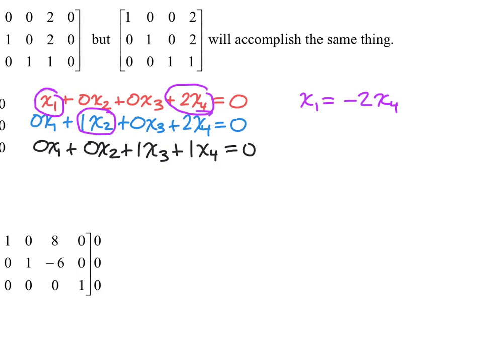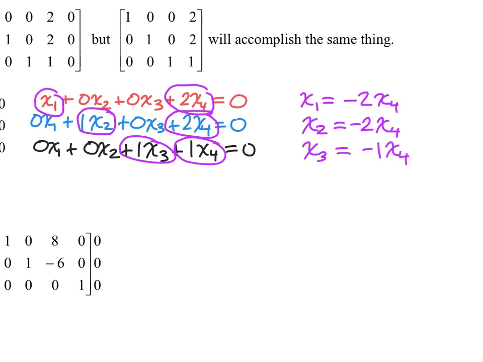I missed the positive sign there. And then the same idea for the last one: x3 defined in terms of x4, so negative 1x4.